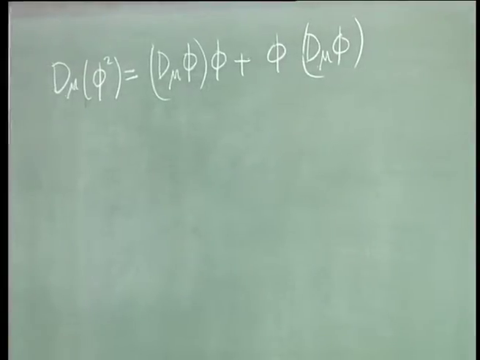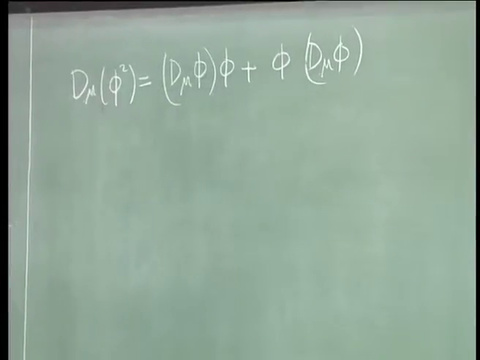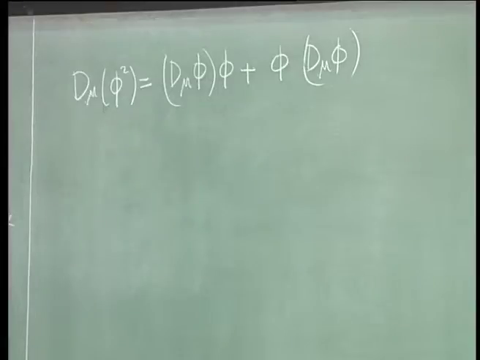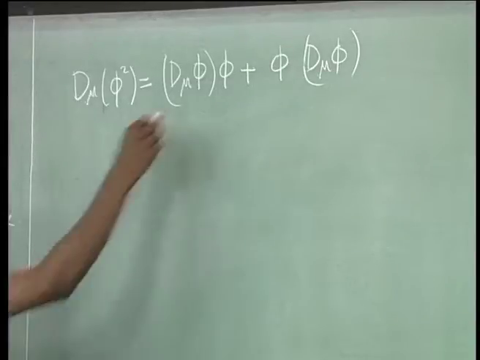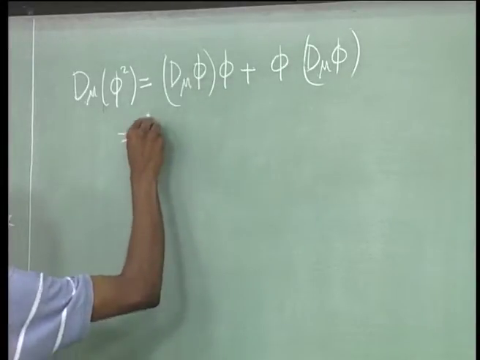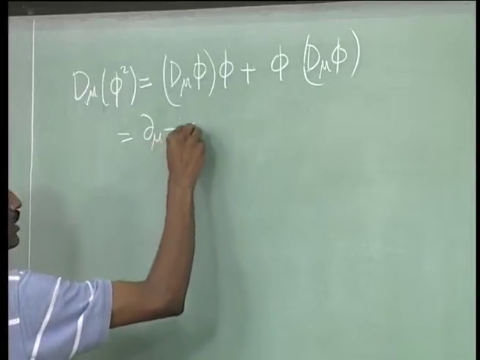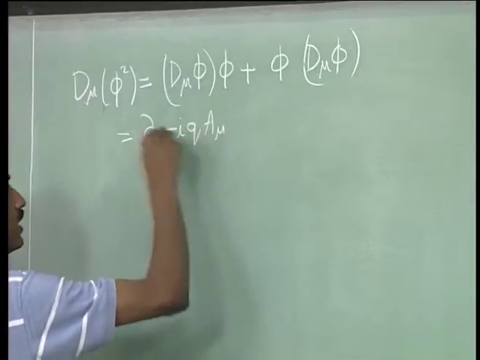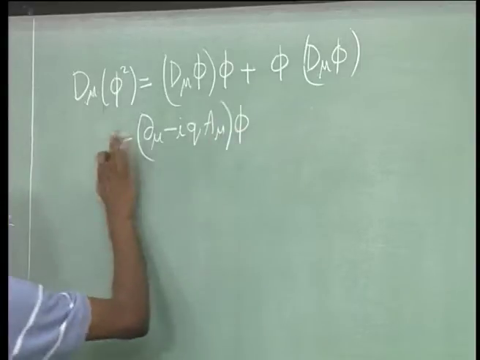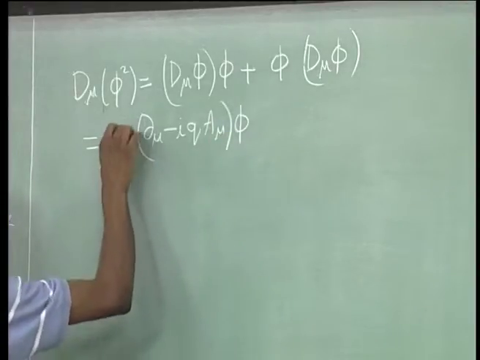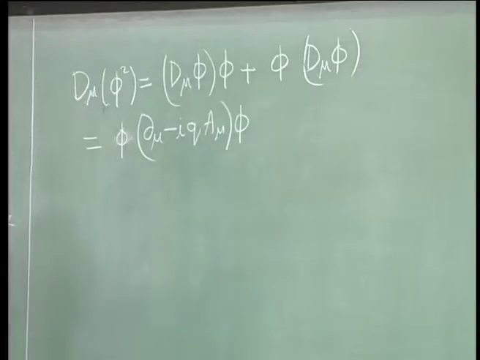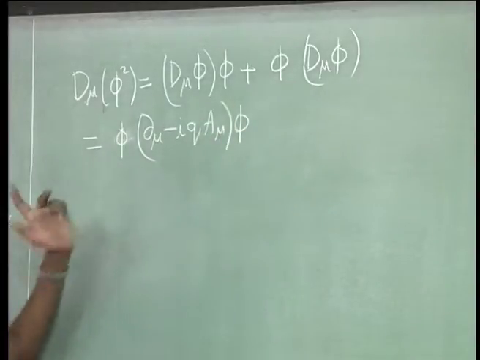This is just the standard Leibniz rule, but this is just our initial definition; we can just check that this has charge q. So, we will write D mu minus i q A mu phi, and let us put the other phi on this side, and it is not hard to see that this is 2 times that.